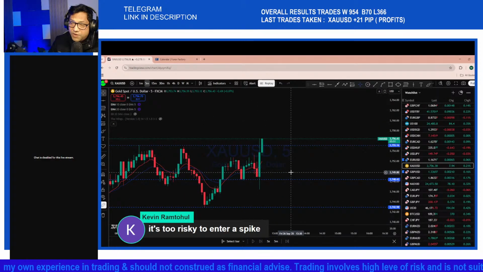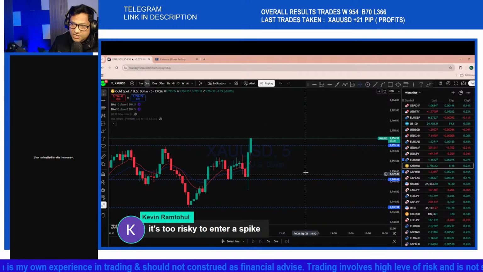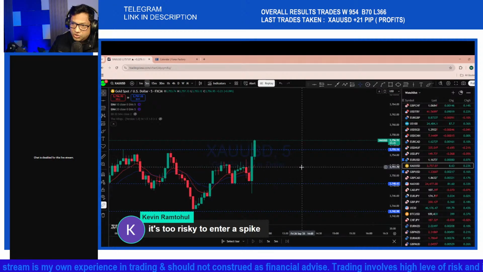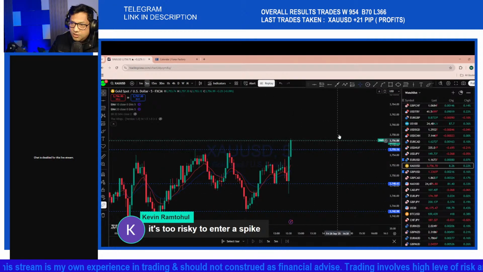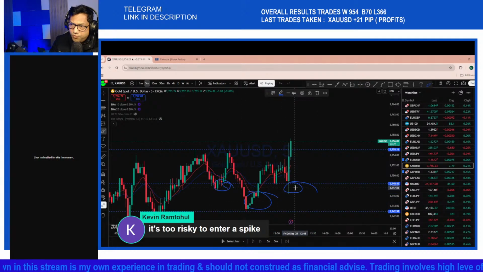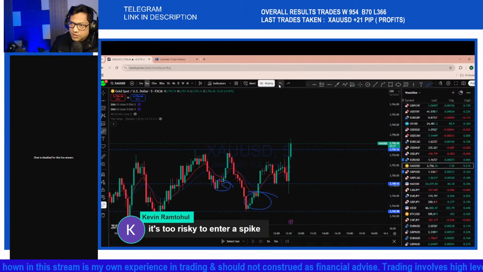Here's the lower time frame price action that you can see the market is maintaining this uptrending market structure. We can see there's an inverted head and shoulder that we can spot, and it's pushing back to the upside.